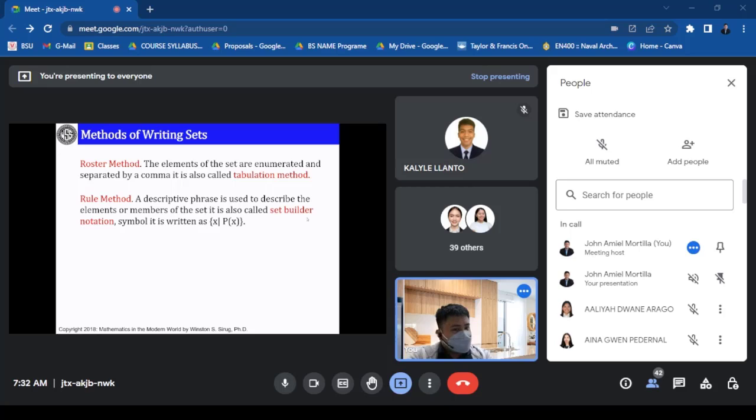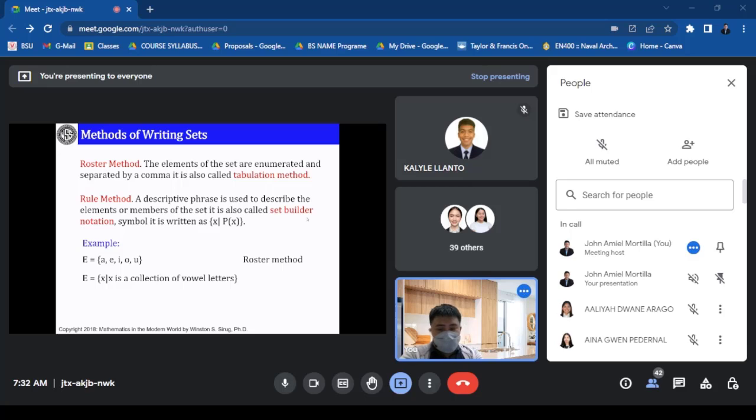Okay, x such that... di mo mabasa. Okay, so this is x such that P of x. Okay, so example. So we have E is equal to A, E, I, O, U. Okay. So this is the roster method.